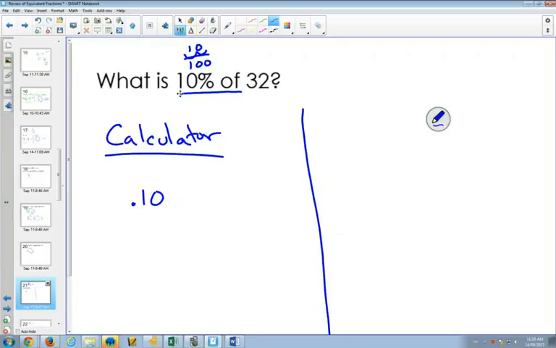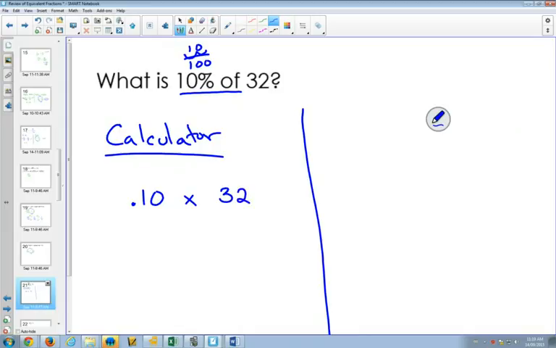Now, a percentage of, 10% of, that means once we change it to a fraction or a decimal, we'd go 0.10 and then times. Because a percentage of is multiplication. 10% of 32 would be 0.1 times 32.